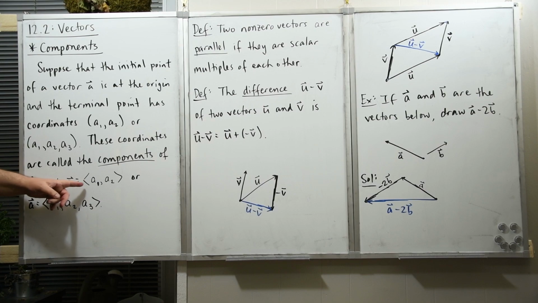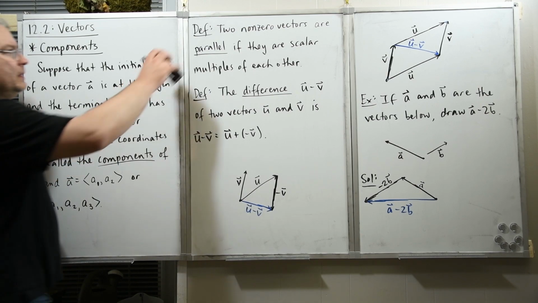So this would be our component form for the vector A in two-dimensional space, and this would be the component form for the vector A in three-dimensional space. But notice that this is based upon the positioning of the vector so that the initial point is at the origin. And so the coordinates of the terminal point are going to just be the components of the vector A.